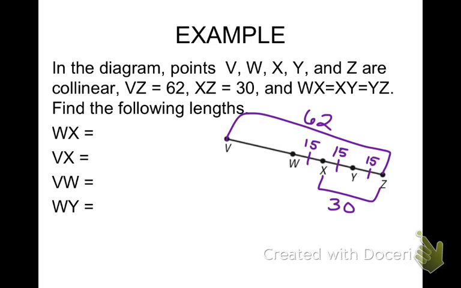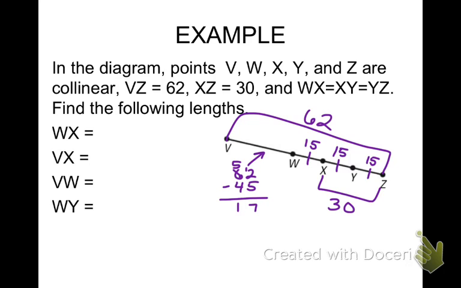So now how can I figure out what the rest of V to W would be? Whole thing 62 minus 45. Perfect, because 15 3 times is 45. So to get this, we're going to do 62 minus 45, which would get us, what is that, 17?